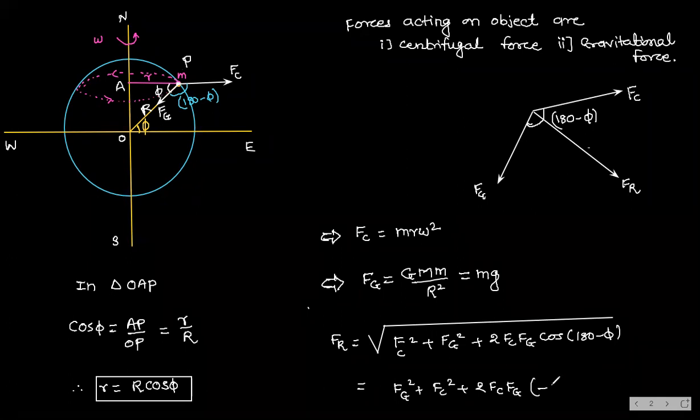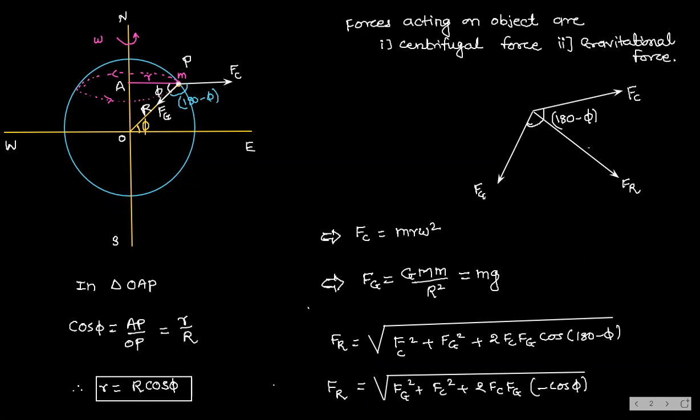Minus cos phi. See what I did. I have just changed the sequence of the addition, and substituted cos of 180 minus phi as minus cos phi. Is it okay for you? Understood? Shall I go to the next page?